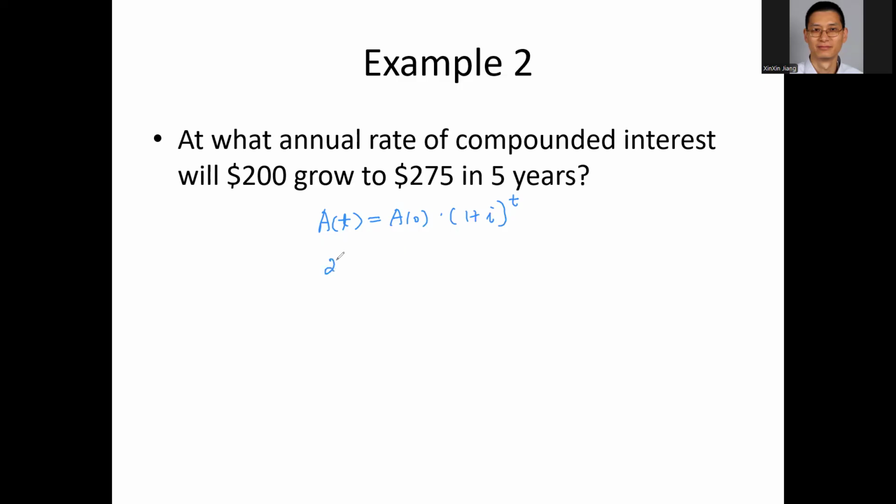So you have 275 equals 200 times 1 plus i, which is what we are looking for, to the t, which is 5 years. You have 275 over 200, you raise it to the power of 1/5, or the fifth root. Then you have 1 plus i, right? So you subtract 1, you get i.